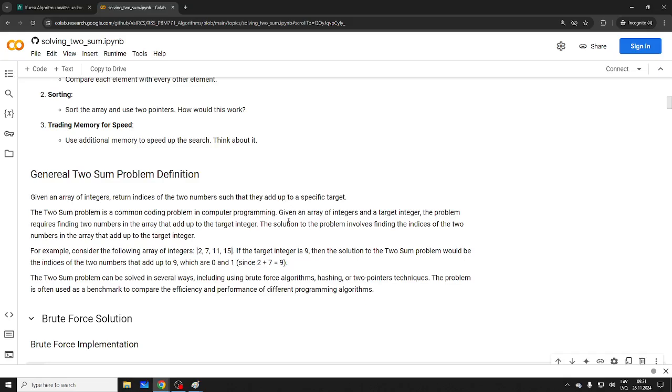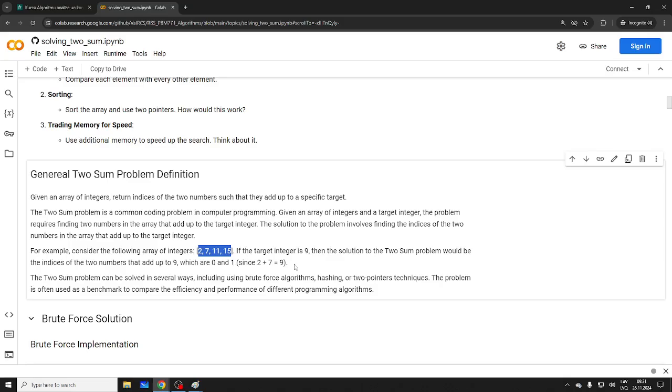So let's say here the target is 9, the solution would be 0 and 1, because 2 plus 7 is 9. Again, would the brute force solution change much? Not really. Let's see if we have it here.